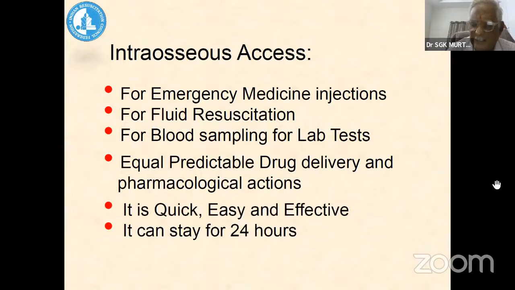It is sometimes time taking if it is manual, but if a drill is there, we can do it very fast. IV line sometimes takes more time, but the intraosseous line is very fast if we have an arrow drill.